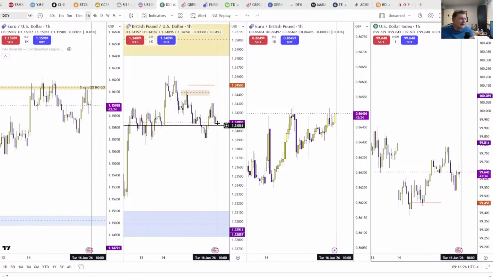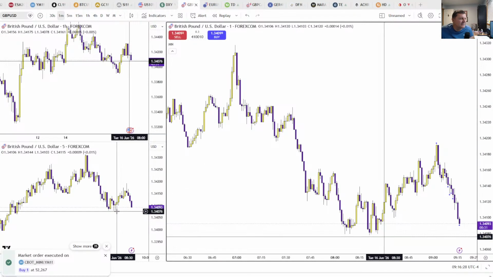In the middle of that range, middle of this range. We're in the middle of all of them right now. You've got to wait for something.